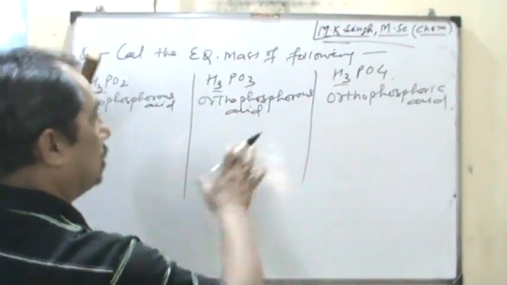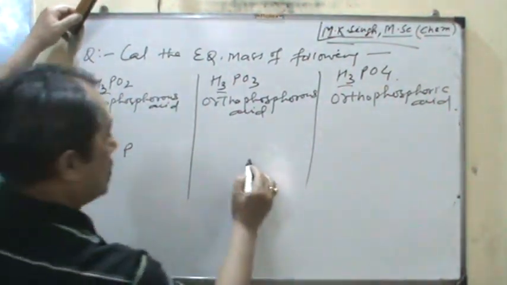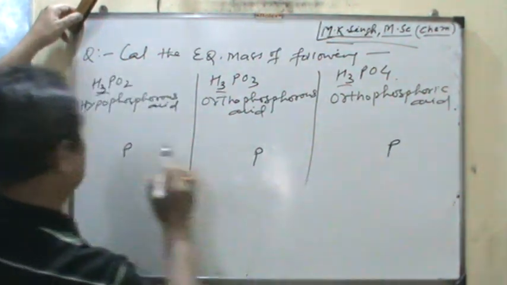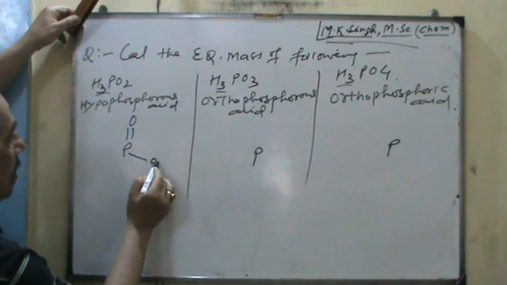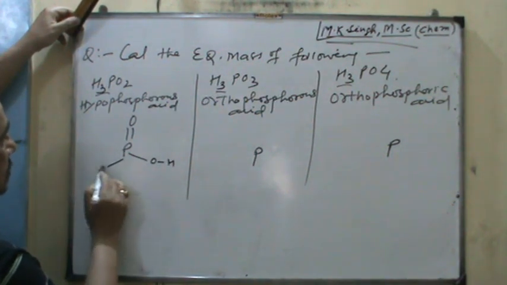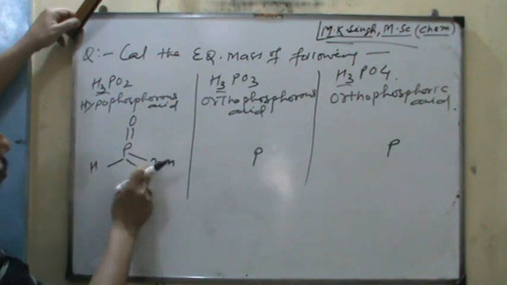The way I draw the structure of this one, see, in the center it is the phosphorus. Dear students, oxygen is divalent, and then it is the one OH, then it is the H, and this is the H, H3PO2.